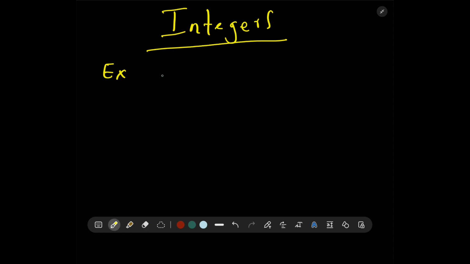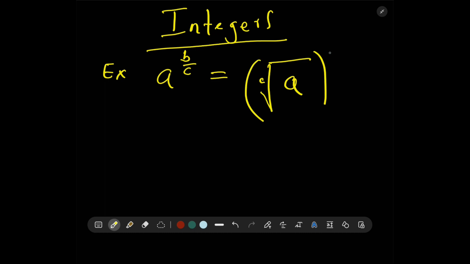Example, you have A raised to the power B over C. The way you write that, you have your root. Your A is going to be on the inside, your C is going to be right here, and then your B is going to be right here. That's how you write that.